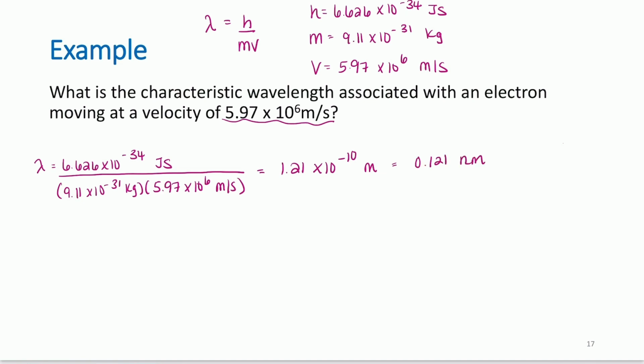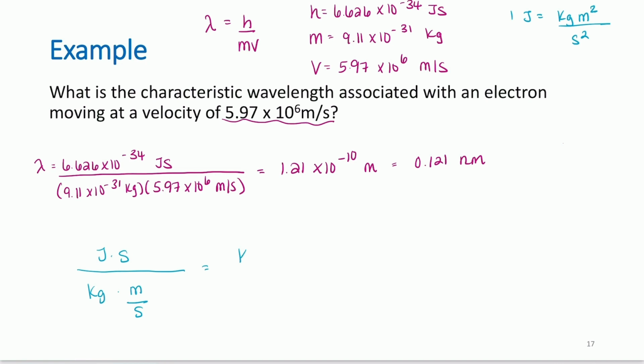Now first, let me show you how I got to meters from all of those units. On the top, I've got joules times seconds, divided by kilogram times meters per second. I'm going to rewrite this because I know that 1 joule is equal to a kilogram meters squared per second squared.